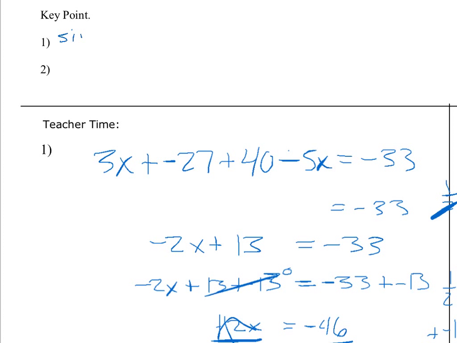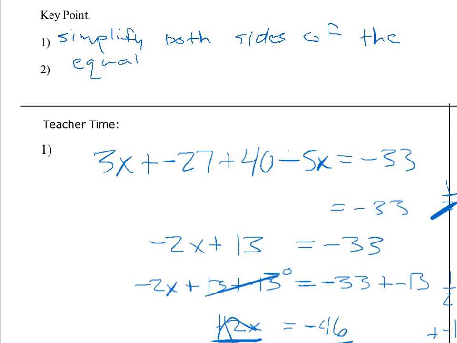Simplify both sides of the equation, then solve. So that's really our big key point for today, is knowing that when we have more complex equations, we should simplify them, and then we can solve them using inverse operations. All right?